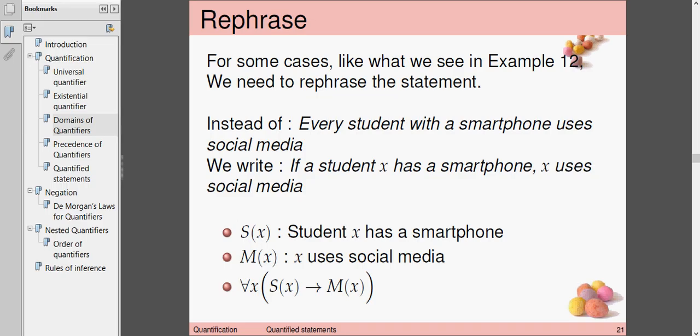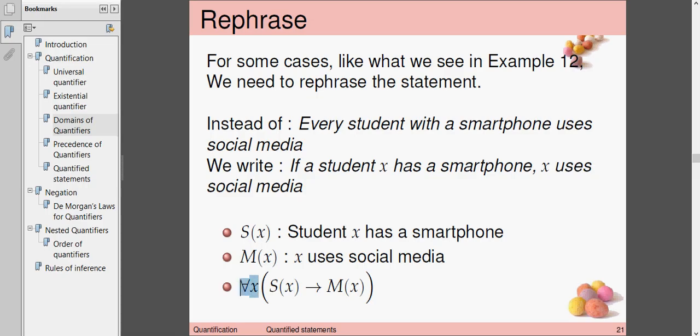S(X), student X has a smartphone, this is the domain. M(X) is the condition, X uses social media. So if the student has a smartphone, then M.